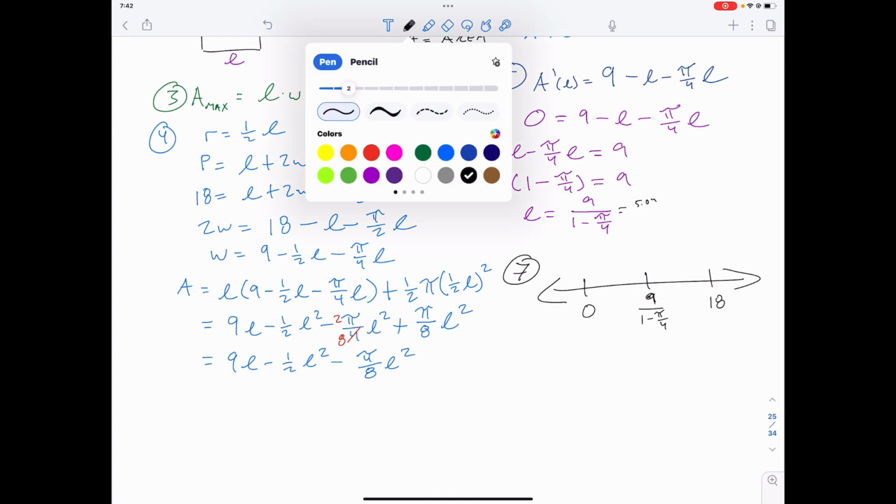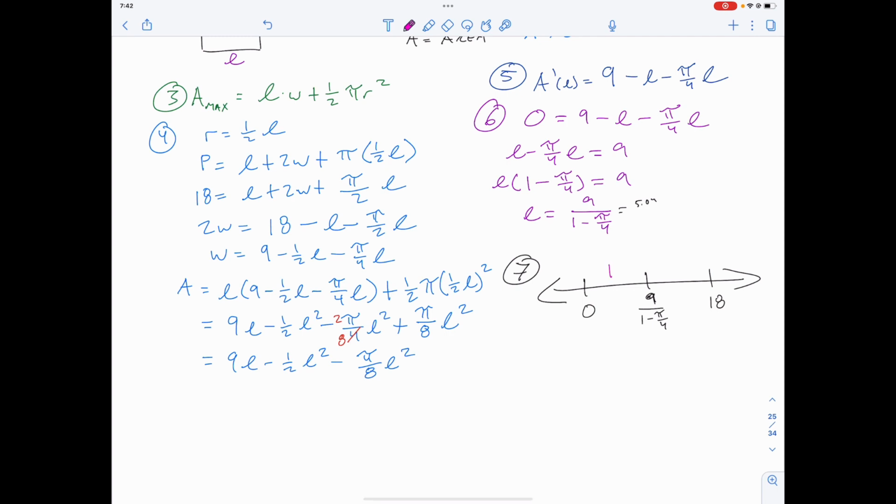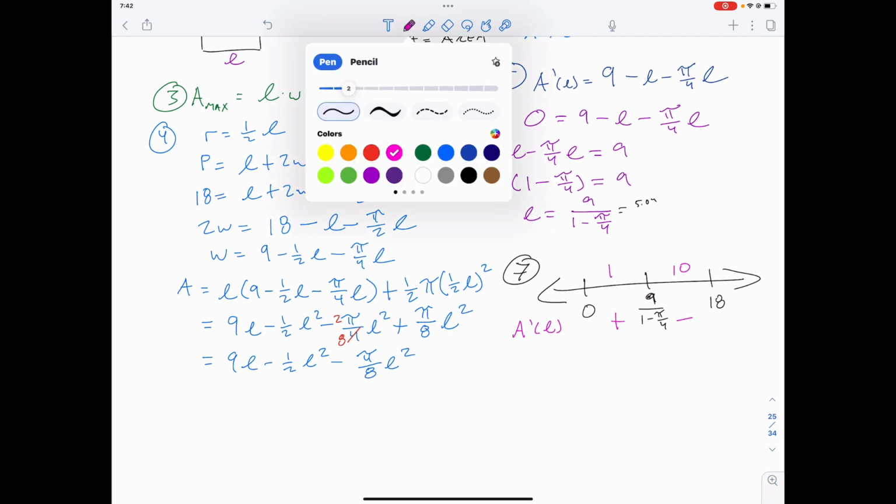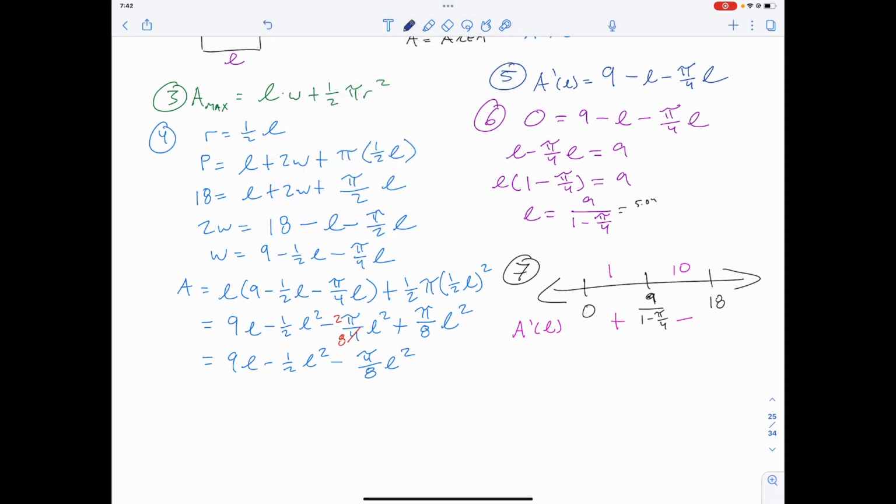When I pick my numbers, I'm probably going to do something like 1, like 10, and I'm going to see that A prime of L is going to be positive in this region, negative in this region, which means that A of L is going to be increasing and decreasing, and there's my max.